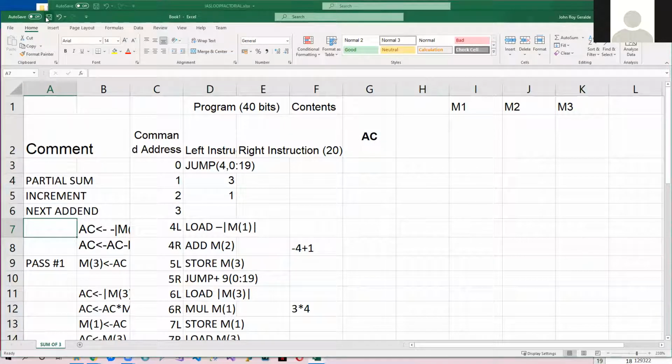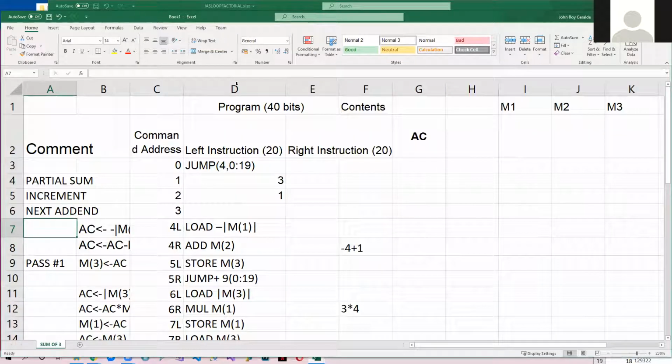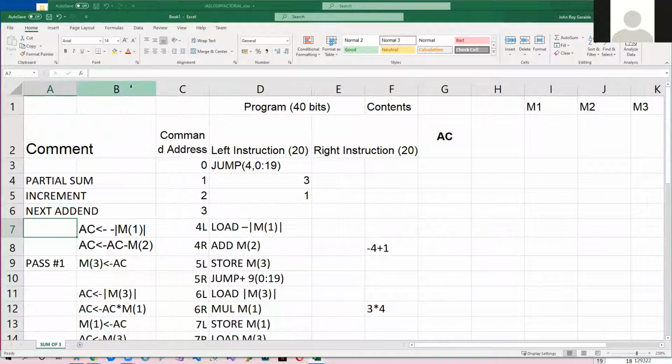The main reason why I'm doing this is because we'll be doing another machine, the PDP-1. In fact, there's an assignment there already. The main point why I'm giving you that is because I'd like to illustrate a change that was done later.